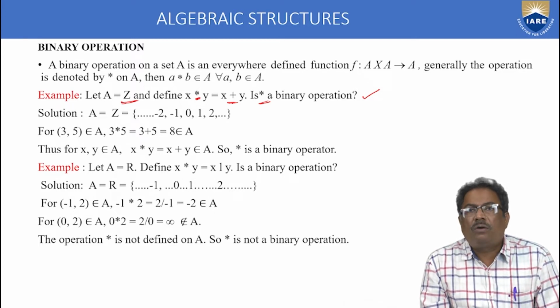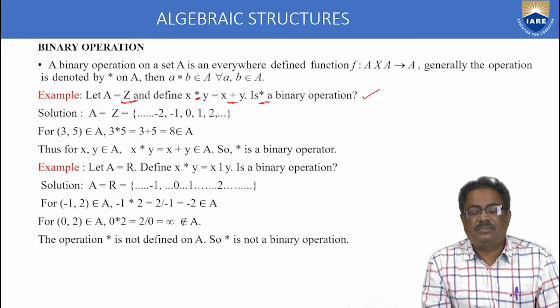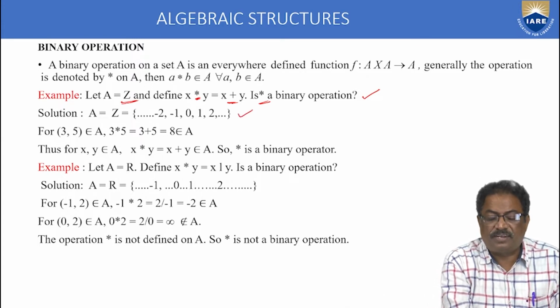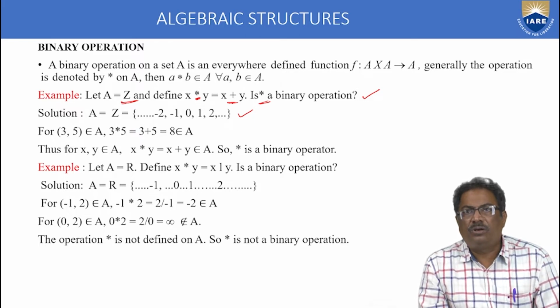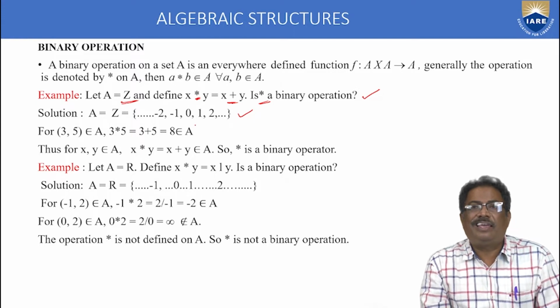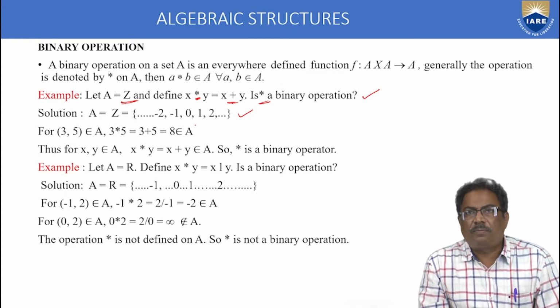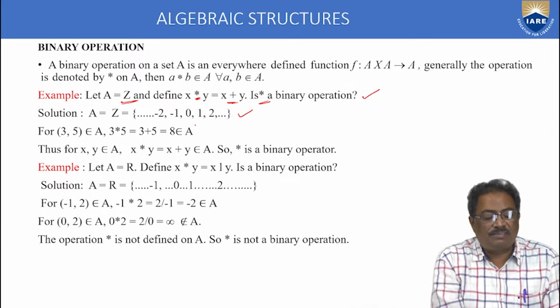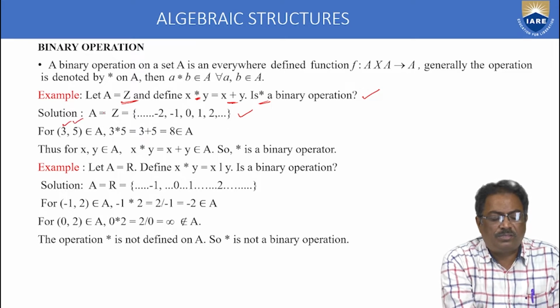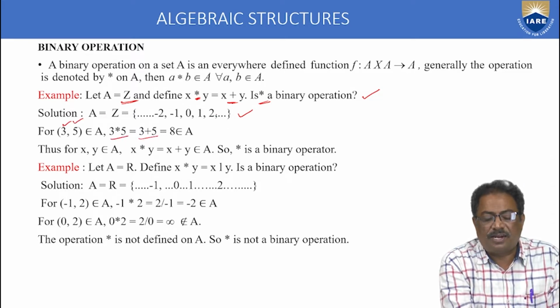Consider any two elements from the set Z and apply x star y, that is x plus y, and check whether the result is a member of the set. Let us consider 3, 5. So 3 star 5 is 3 plus 5, which equals 8.